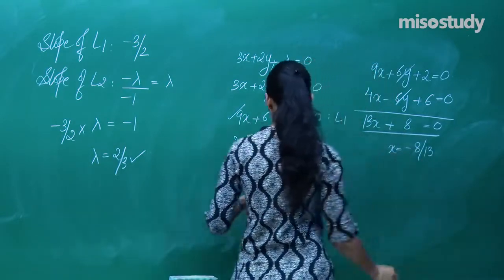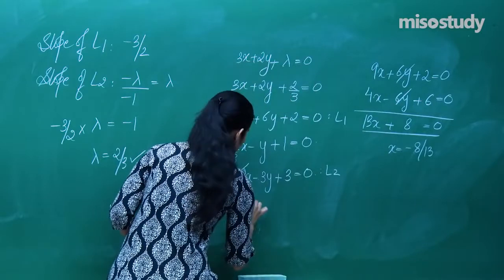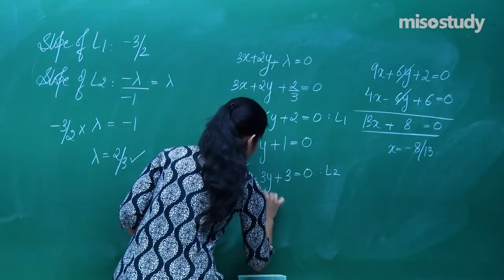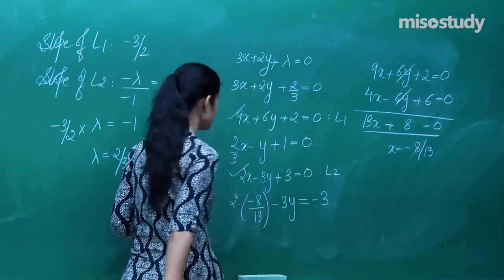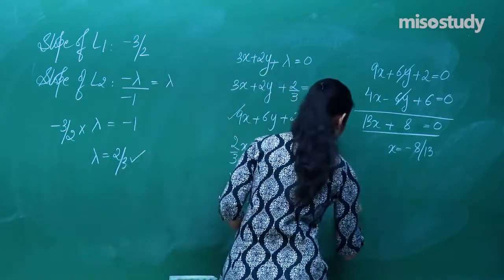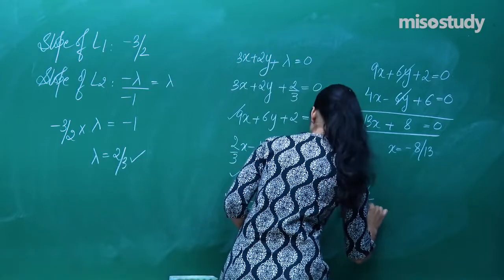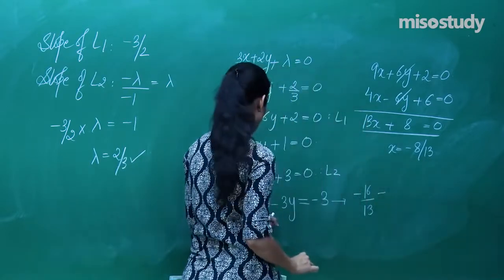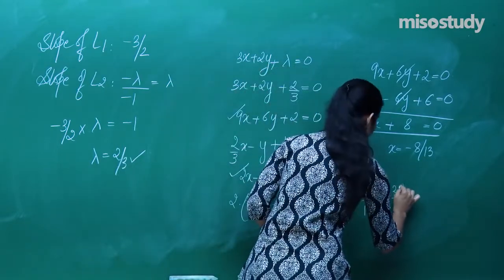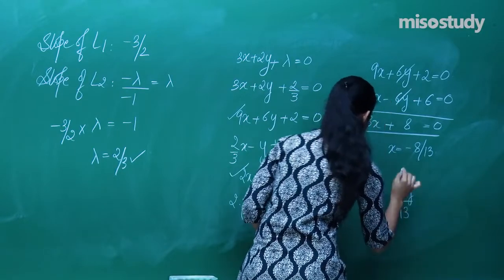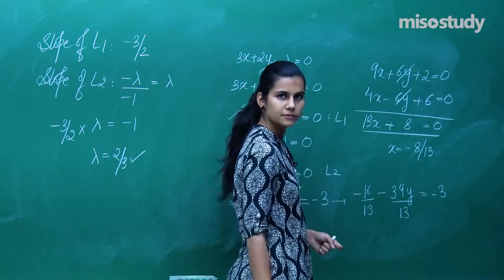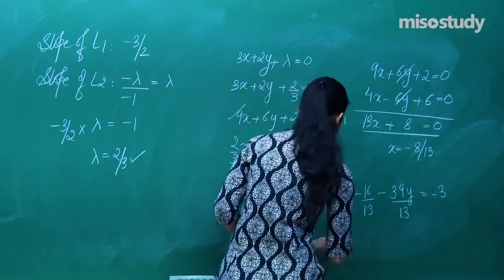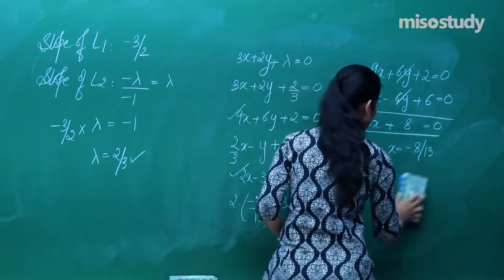When you plug this value in this equation, 2 into minus 8 by 13 minus 3y equals minus 3. You get minus 16 by 13 minus 39y by 13 equals minus 3. Right. So let me work it out over here.